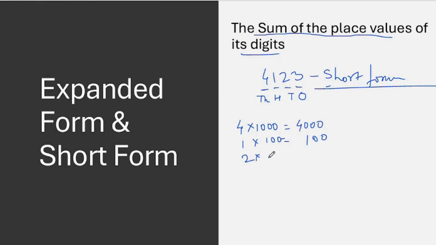Now 2 is at tens place, so 2 multiplied by 10 is 20. And 3 is at ones place, 3 multiplied by 1 is 3.